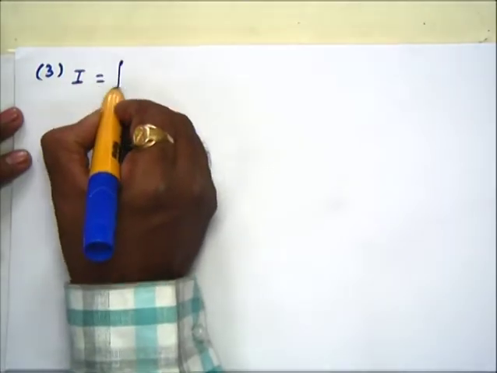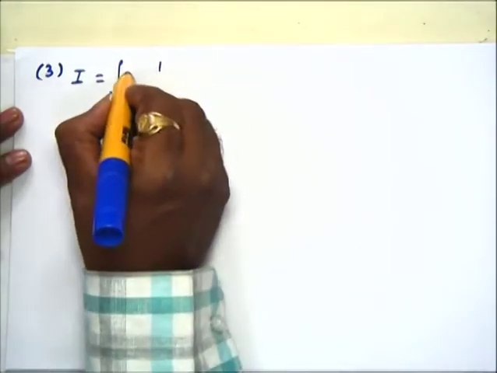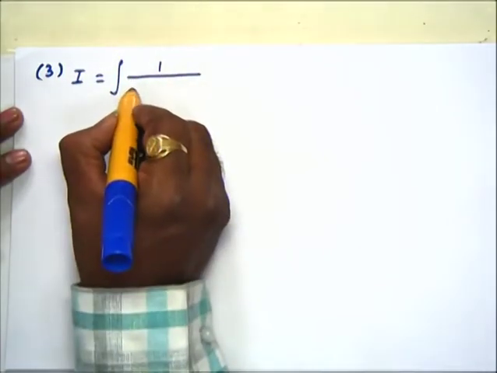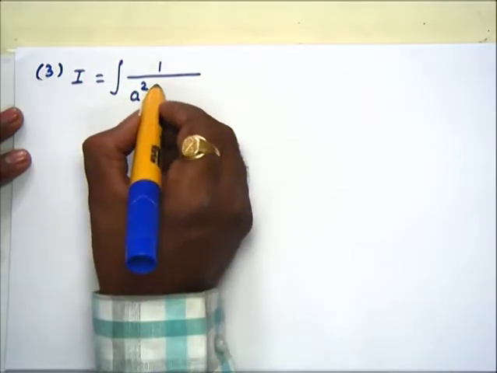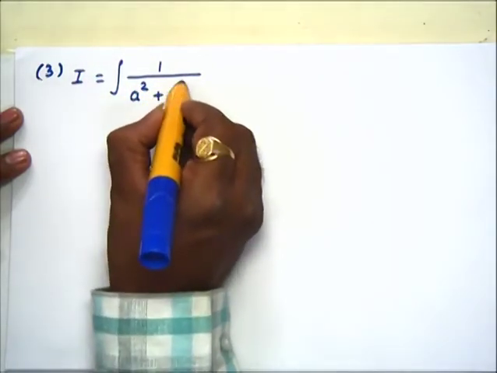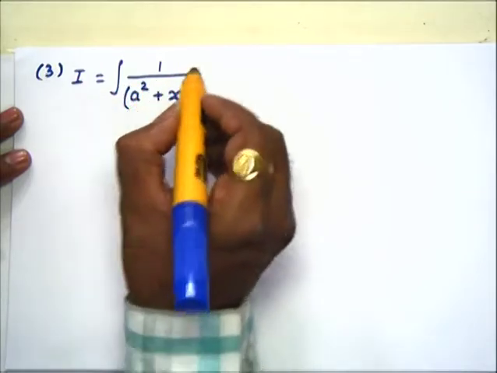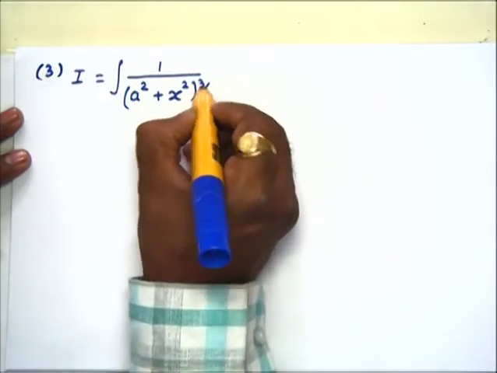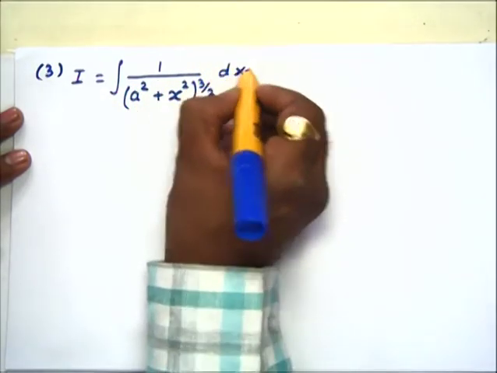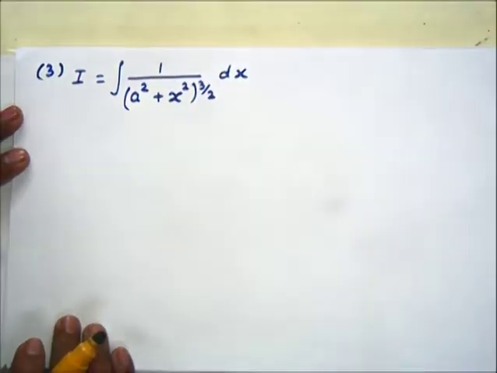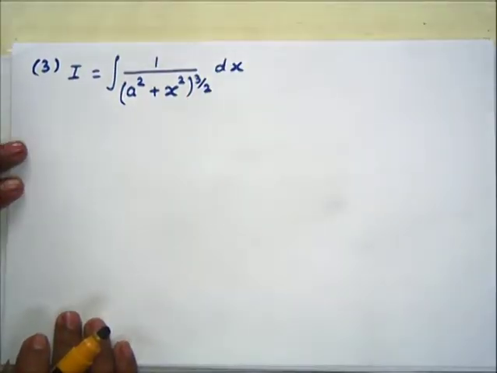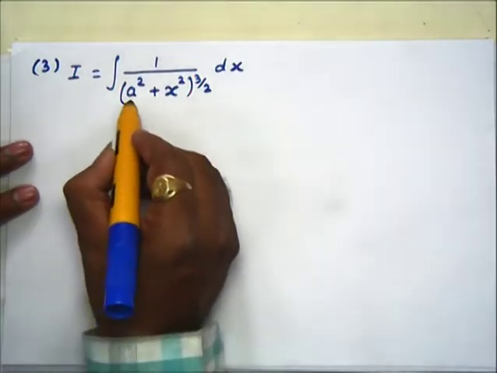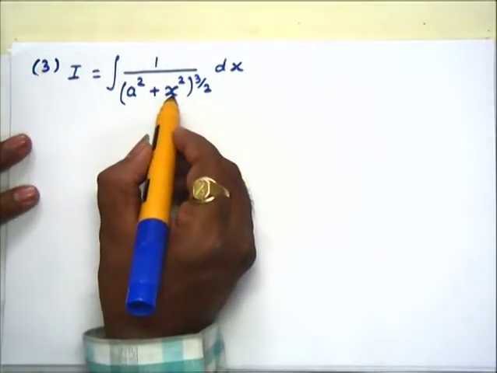I equal to integration 1 over a square plus x square whole raised to 3 by 2 dx. Now this is of the form a square plus x square.